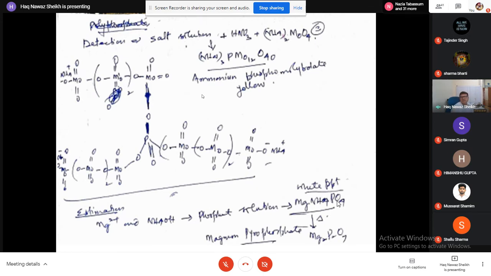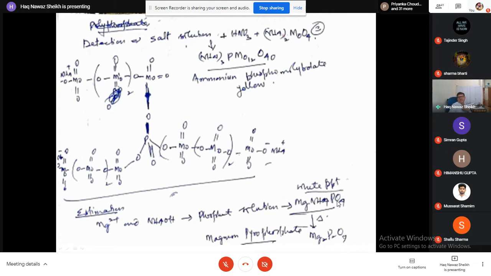Then the phosphate gets precipitated as magnesium ammonium phosphate, which is a white colored precipitate. You heat it in air, you get magnesium pyrophosphate, Mg2P2O7. This is a stable compound, and you weigh it, and then you do the calculation by using a conversion factor.